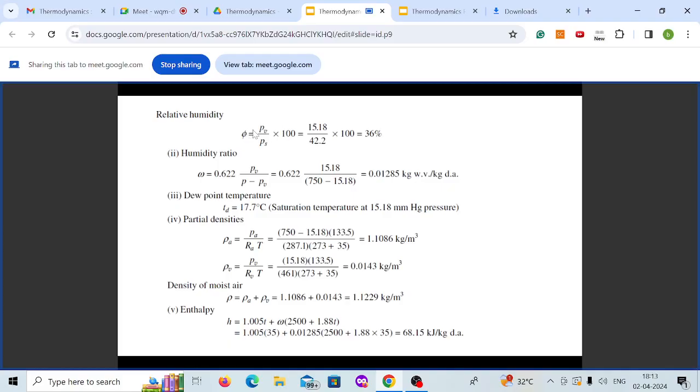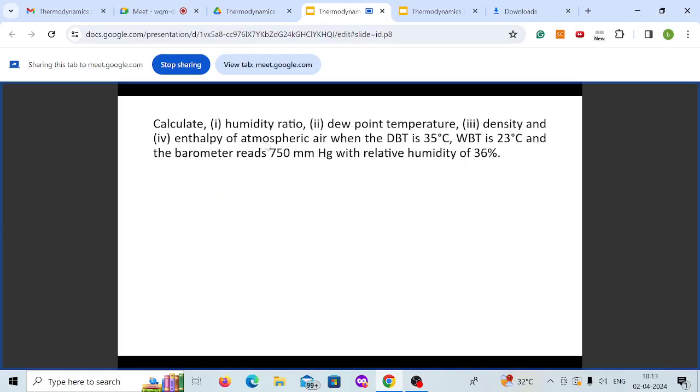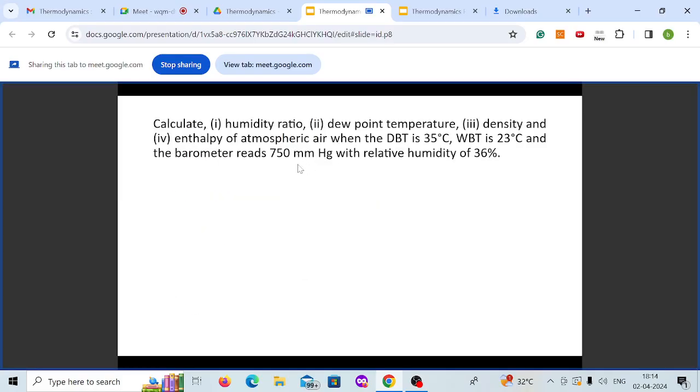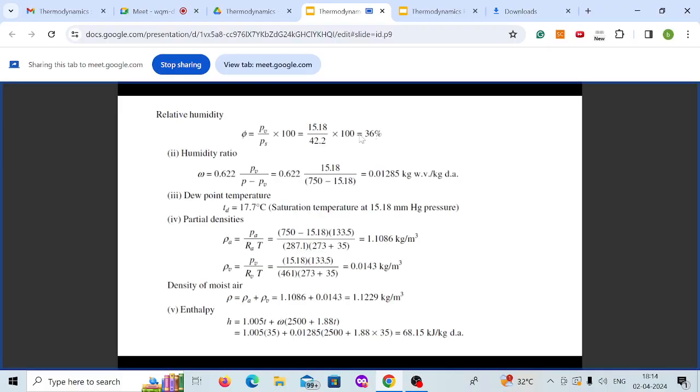So now you know from the table, you can find out saturation pressure corresponding to 35 degrees Celsius, and you will get 42.2, and your relative humidity is given as 36%.